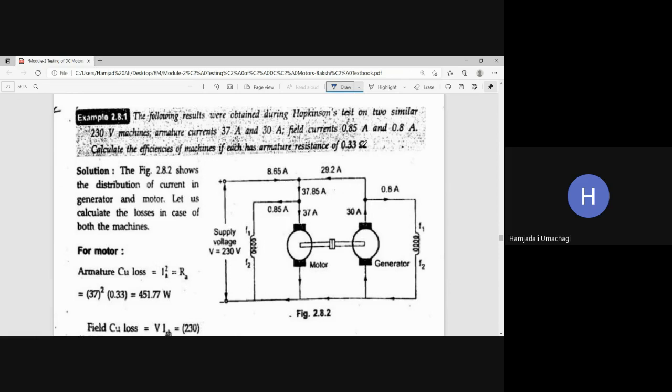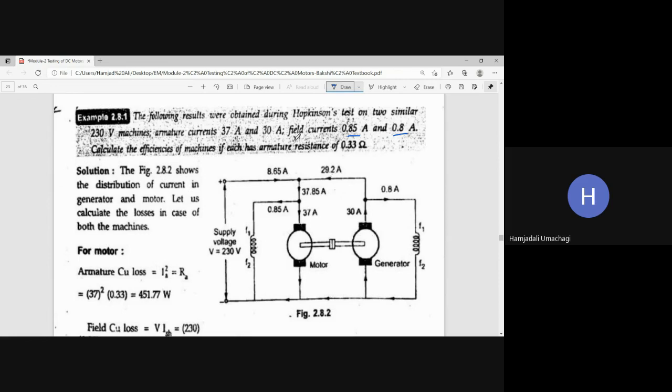So this is the armature current of the motor and this is the armature current of the generator. This is the field current of the motor and this is the field current of the generator. Ra of the motor is 0.33 ohms, and similarly Ra of the generator is also 0.33 ohms.